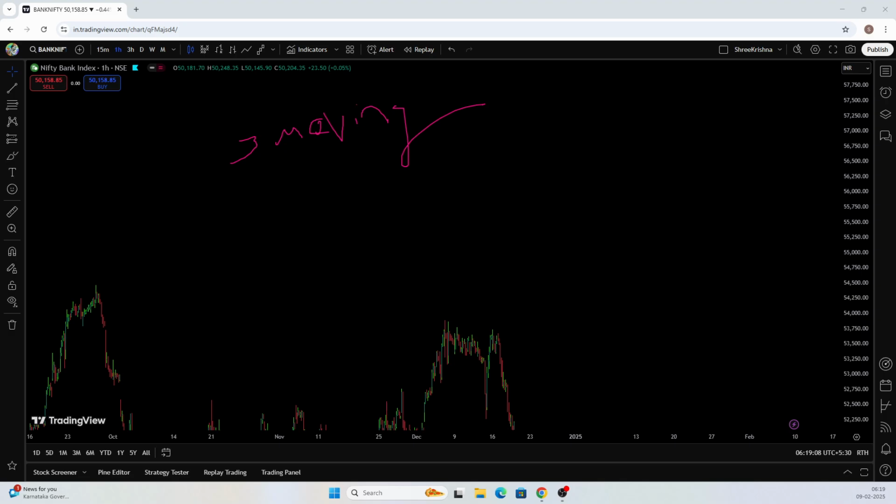After Charles Dow, what happened? R.N. Elliott picked up this method somewhere in 1904, and he noticed the Charles Dow pattern, but he also noticed something else. What exactly was that?